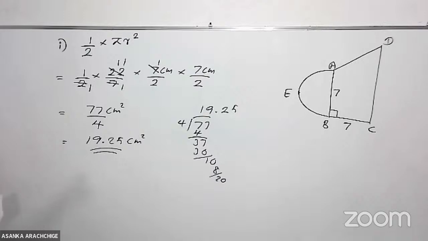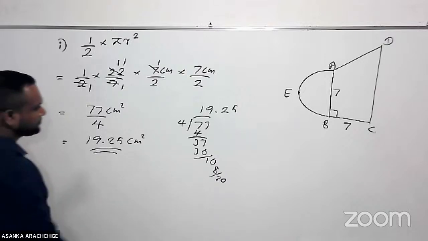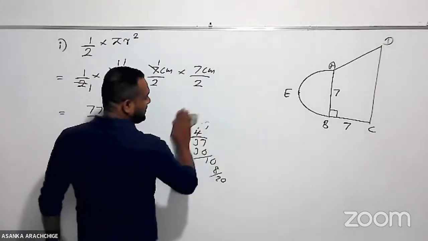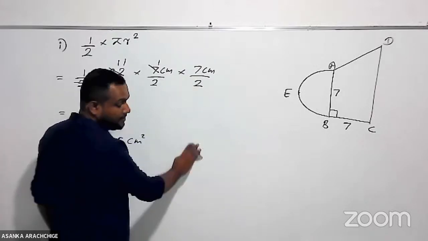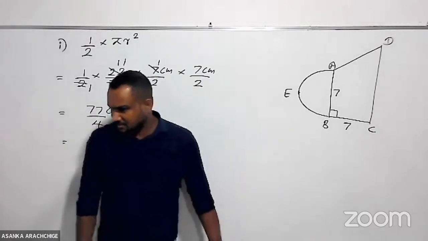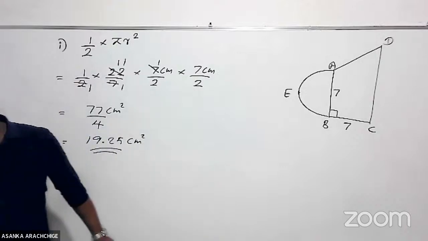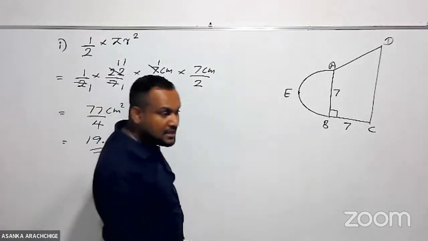If the area of the trapezium is 6 times the area of the semicircle, find the length of CD. Right. Do you remember the method of finding the area of a trapezium?